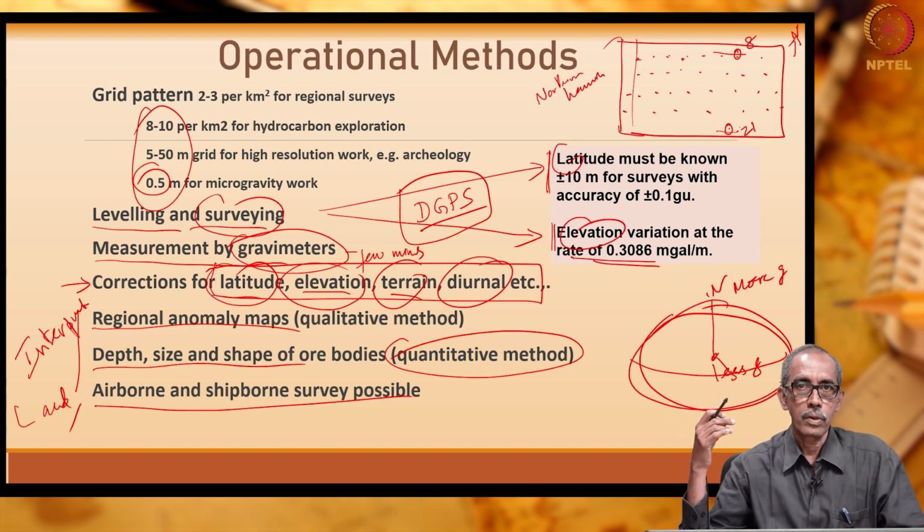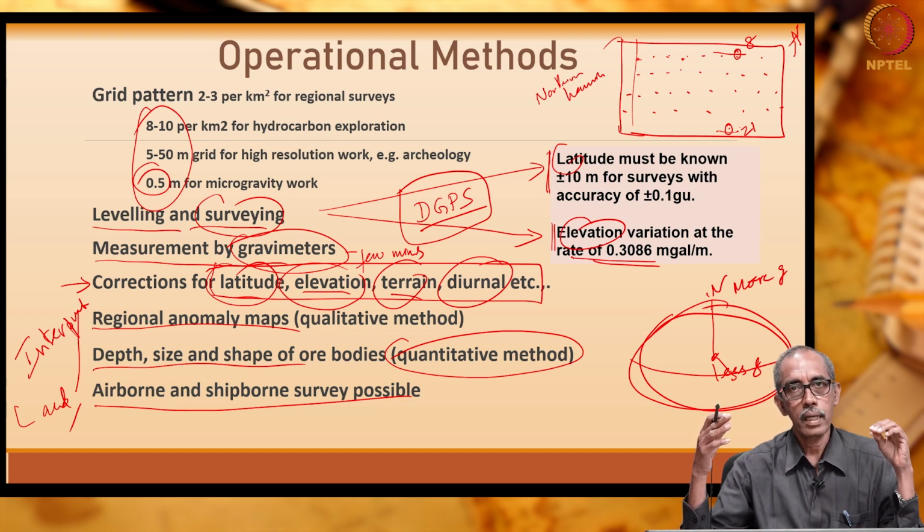So, in today's lecture, we have started with what gravimeters are, how gravimeters measure the earth's gravity. One set of gravimeters are known as absolute gravimeters, and the other set are relative gravimeters. The popular absolute gravimeter is based on the weight dropping method.